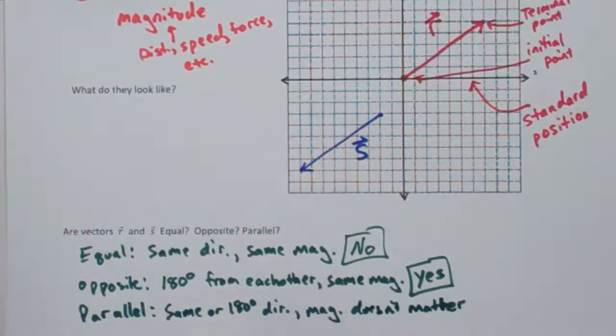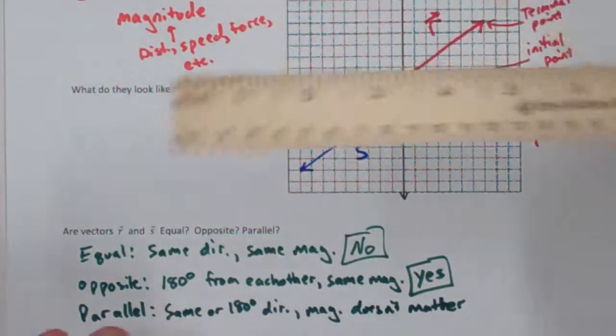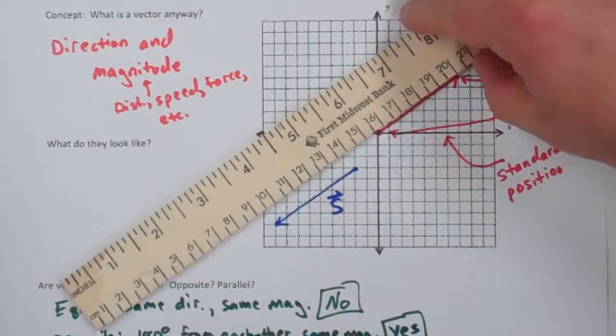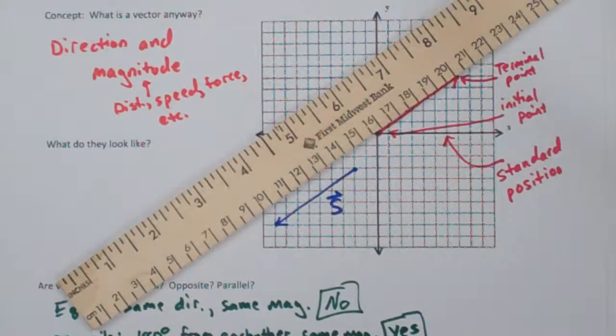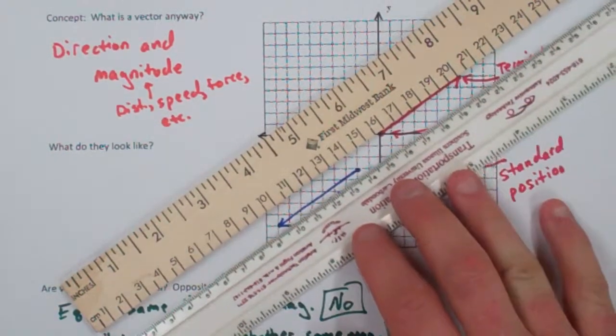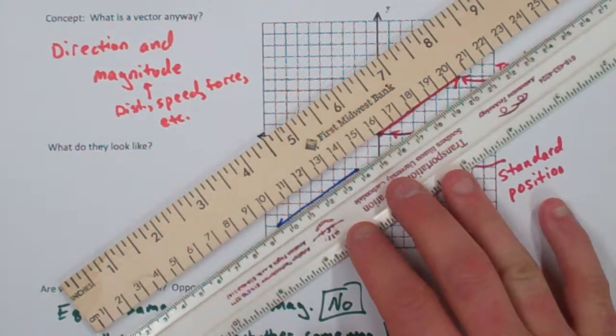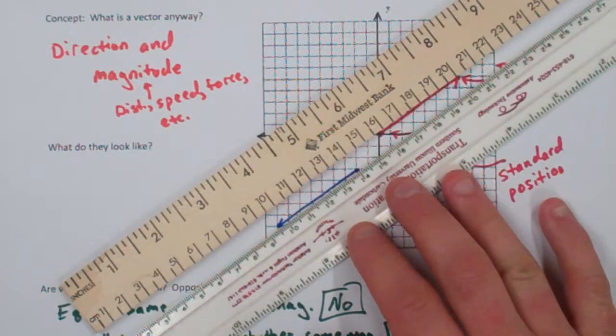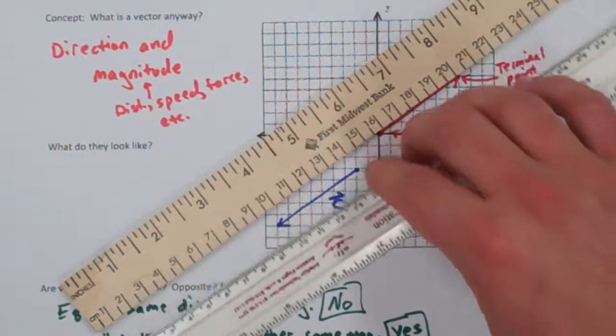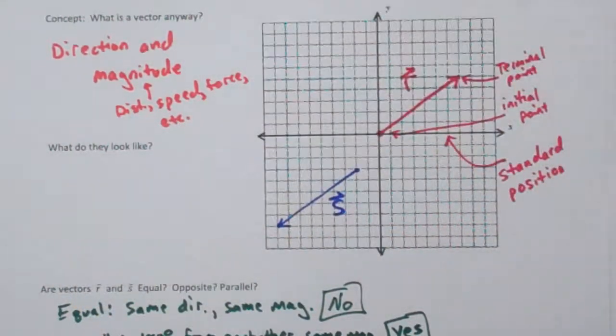And you could imagine that if you took this vector here and extended it on an imaginary line, and this one here and extended it on an imaginary line, of course that's not the actual vector itself, but you could see that their directions are exactly opposite of each other, and the magnitude here doesn't matter. We can say that the vectors are parallel. So we can write a big yes right over here.